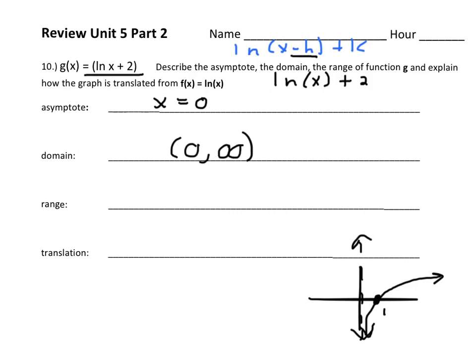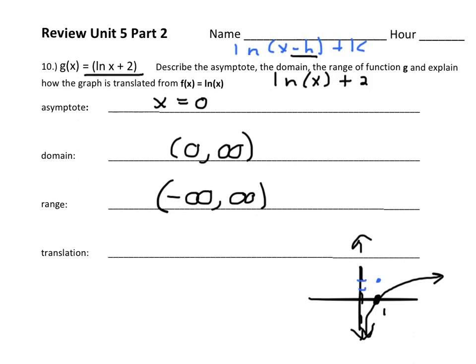And your range, well, now you're a little person walking along the y-axis. You're looking over, you see the graph, you see the graph, you see the graph. Matter of fact, if you're up here, you're going to eventually get over here and you're going to see the graph. Okay, so that means your range is going to be negative infinity to positive infinity. Now, how's it going to translate? What happened to it? Well, remember, I said it shifted up 2.